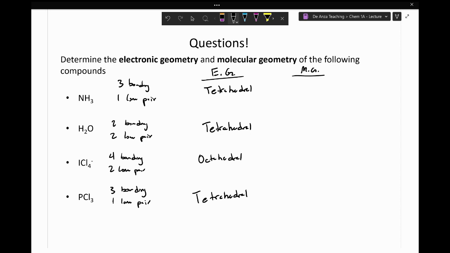So that gives us our trigonal pyramidal. For H2O, we take out 2 of those groups, so this gives us bent. For ICl4 minus, we have 2 lone pairs, so that gives us square planar. Just basing this all off of that table above. Then finally, for PCl3, this is once again 3 bonding, 1 lone pair. So just like NH3, this is trigonal pyramidal.